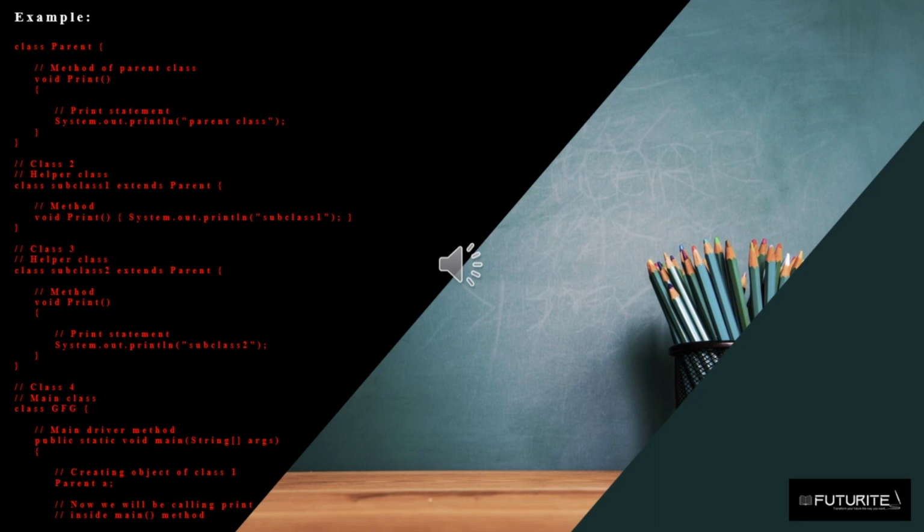The Parent class has the method name print. Subclass 1 also has the method name print, and Subclass 2 also has the method name print, which means the subclass that is inheriting the Parent class has the same method name as the Parent class method.